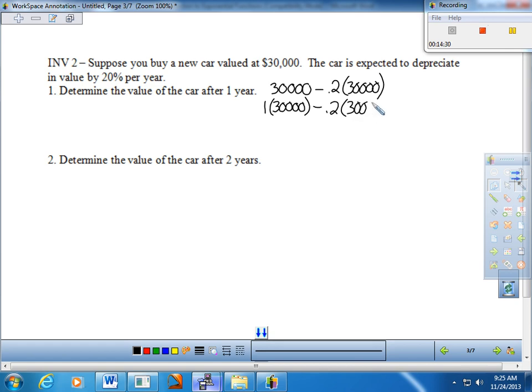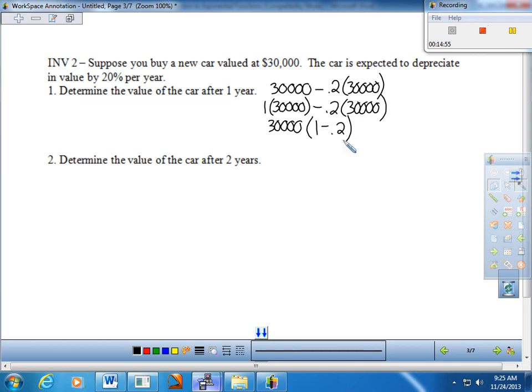Good. So I start with 30,000. I'm going to take away 20% of that 30,000. Now again, see it in action, everyone. Factor out the 30,000. There's 1 here, and there's 1 in this term over here. So I take the 30,000 out, and I have a 1 from here, minus, and 0.2 from here.